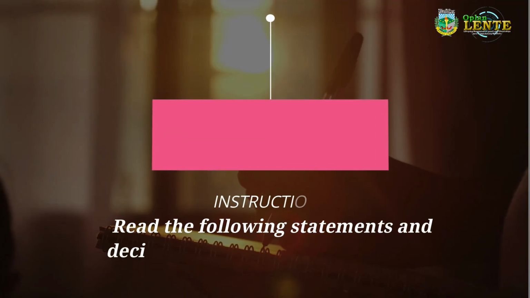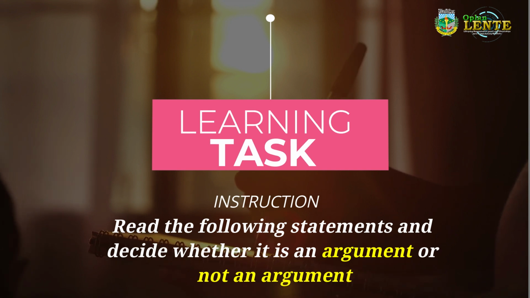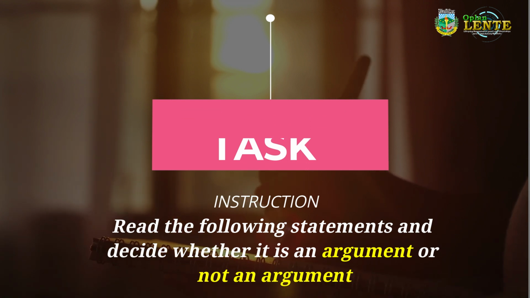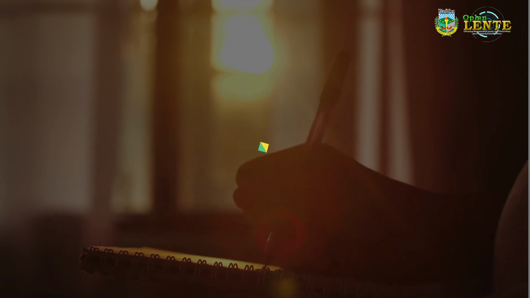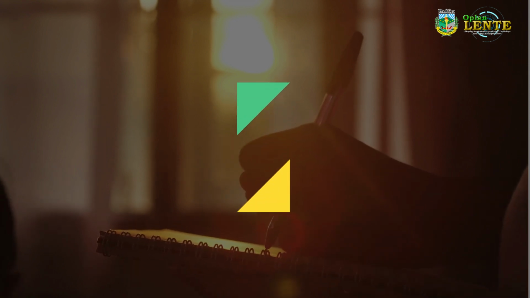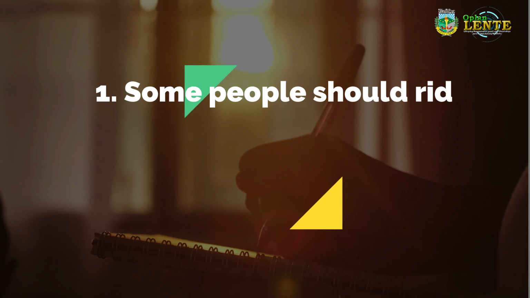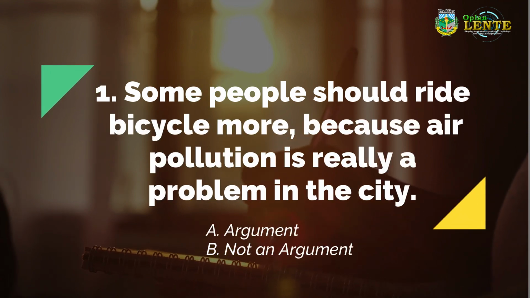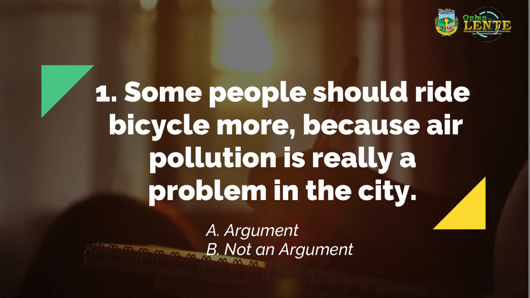Here is your learning task. Read the following statements and decide whether it is an argument or not an argument. Write your answer in your notebook. First, some people should ride bicycle more because air pollution is really a problem in the city.